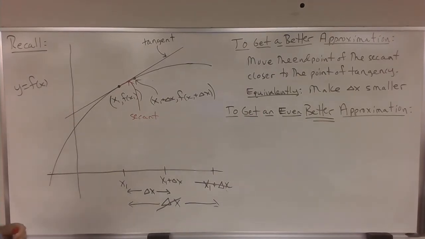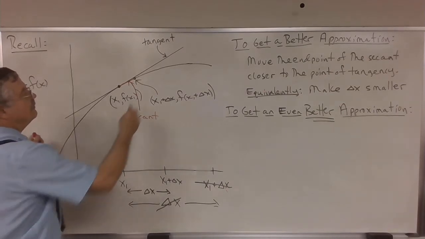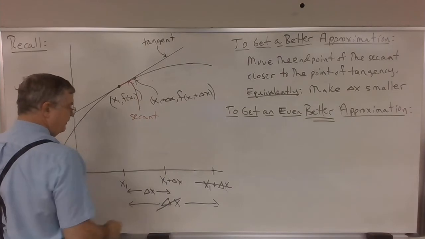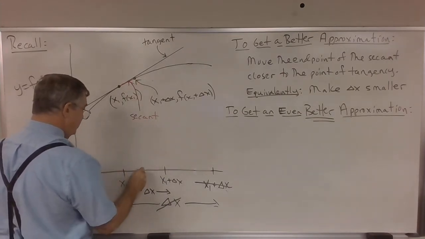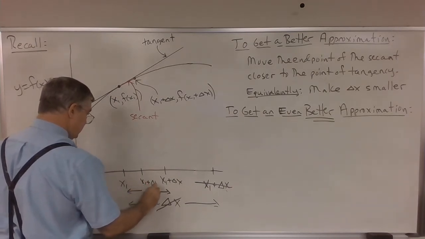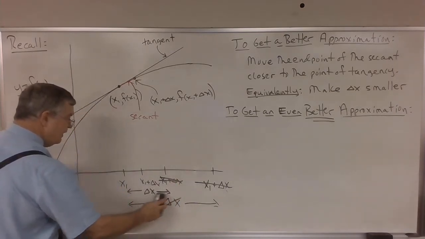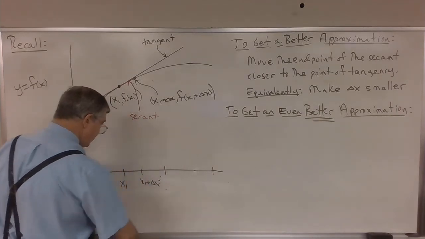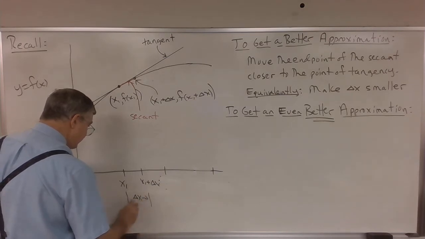And let me not forget to make this observation also. As I moved the end point of the secant closer to the point of tangency, that resulted in delta x being made even smaller. So this is no longer delta x. Now this is delta x.